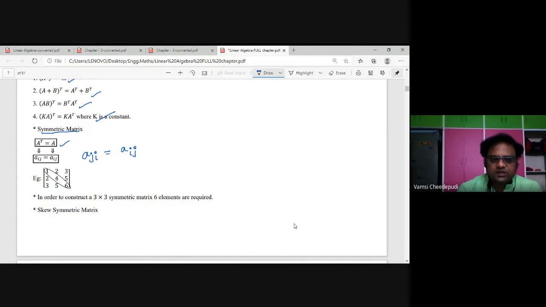Sir, what is the meaning of this? Let us take some example. The second row third element should be the same as the third row second element. The second row third element is number 5, should be the same as the third row second element, that is also number 5. Then that matrix will be symmetric.